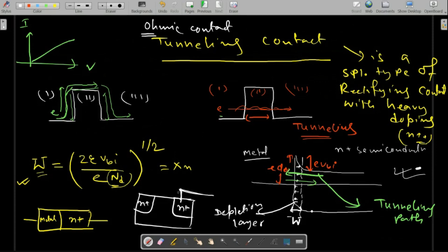So that means this metal and N+ semiconductor form a tunnel junction. It's a tunneling contact. So it is not non-rectifying, it is a rectifying contact, but it's a special type of rectifying contact where tunneling takes place and the IV characteristics are linear. So a tunneling contact is a special type of rectifying contact with heavily doped semiconductor.